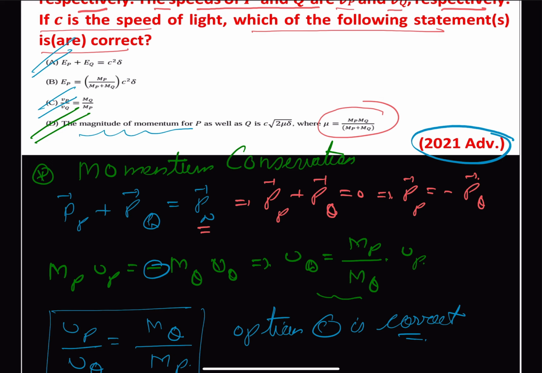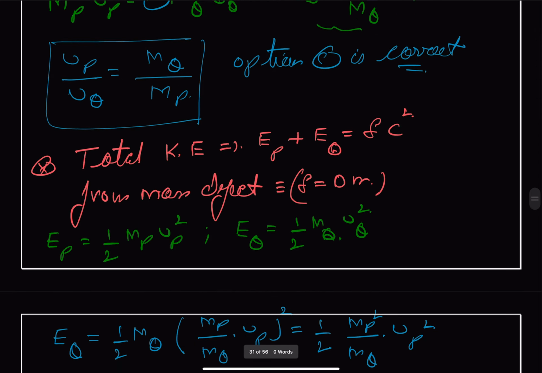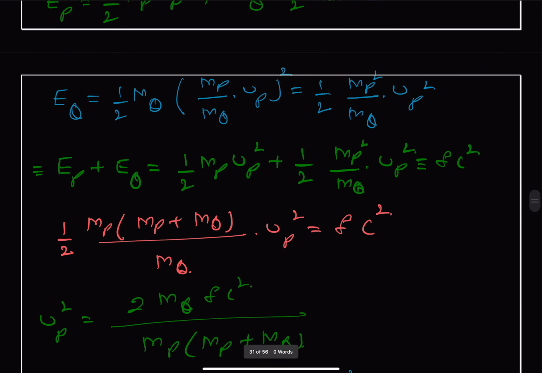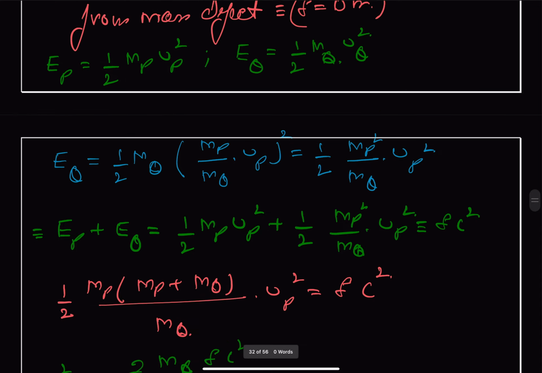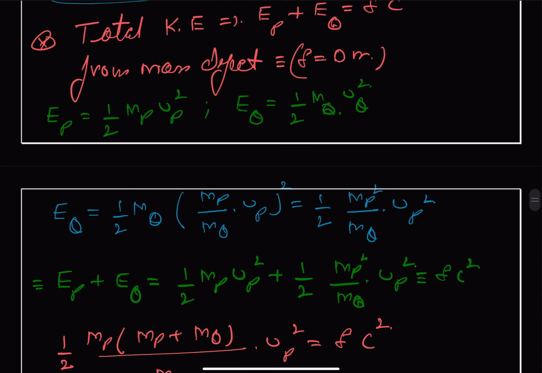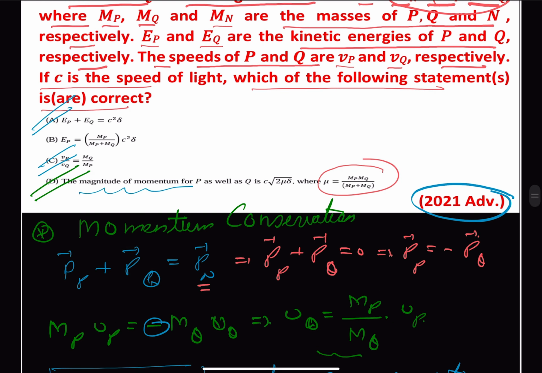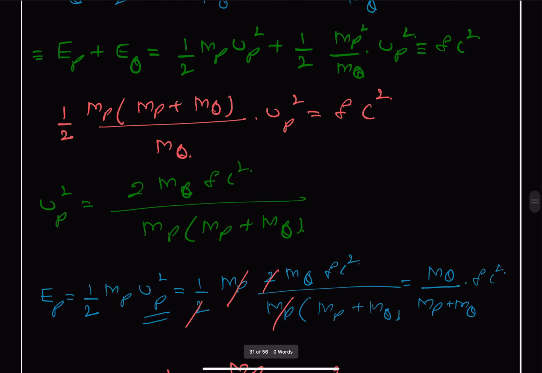energy and their relationship. Okay. And I think we already found out that relationship, that our EP, energy at P, is okay. Here in this case, in this particular option, it is mentioned that energy of P will be equal to mp plus mp upon mp plus, one second, I think we calculated it.